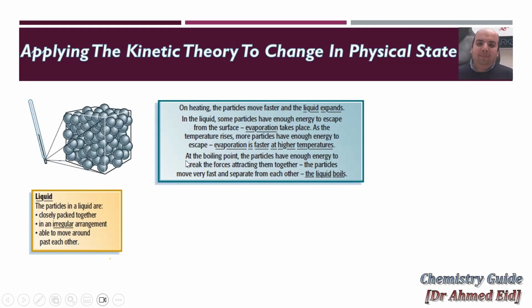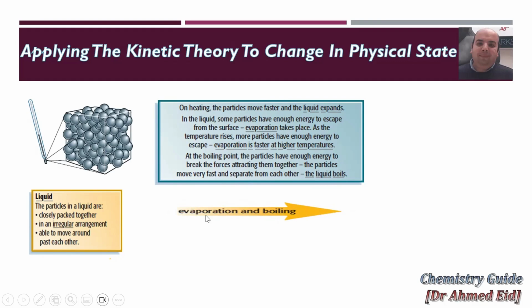Once you reach the boiling point, the particles have enough energy to break the attracting forces between them. So the particles move very fast and separate from each other, and we can say the liquid boils. So we are talking about two processes, evaporation and boiling.